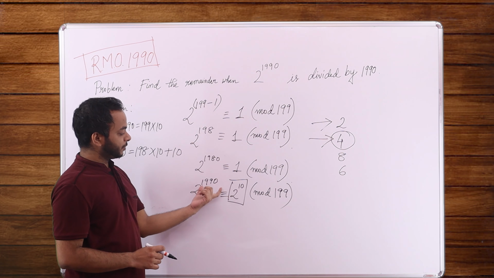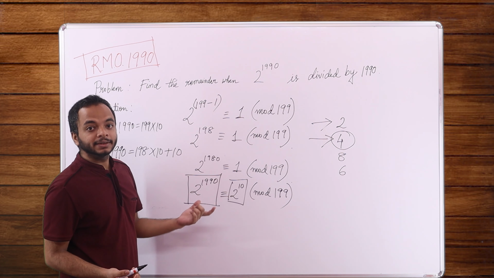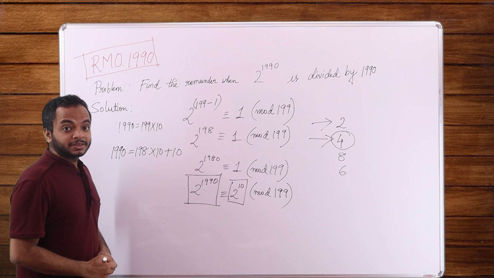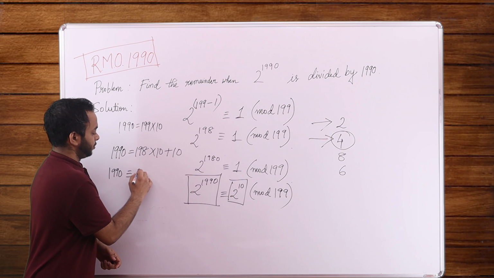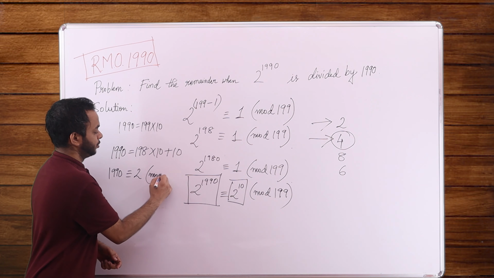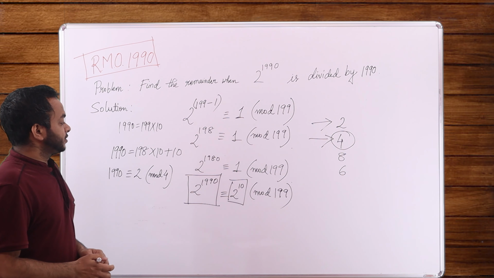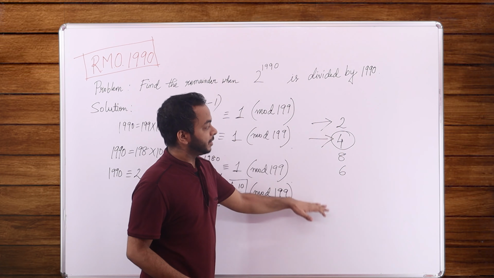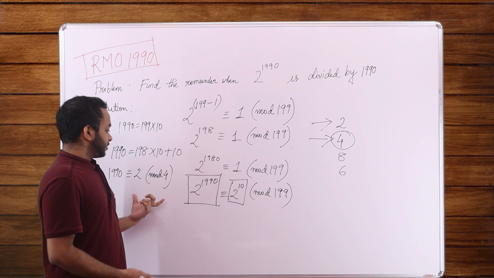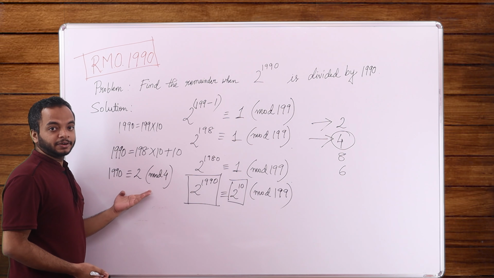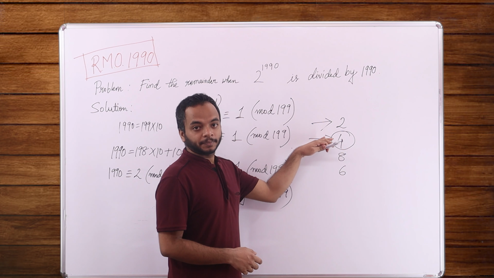Again, if you want to know the last digit of 2 to the power 1990, if you divide 1990 by 4, you get remainder 2. Just check out this calculation on your own. Since 1990 gives a remainder of 2 when divided by 4, the last digit will be 4 again.